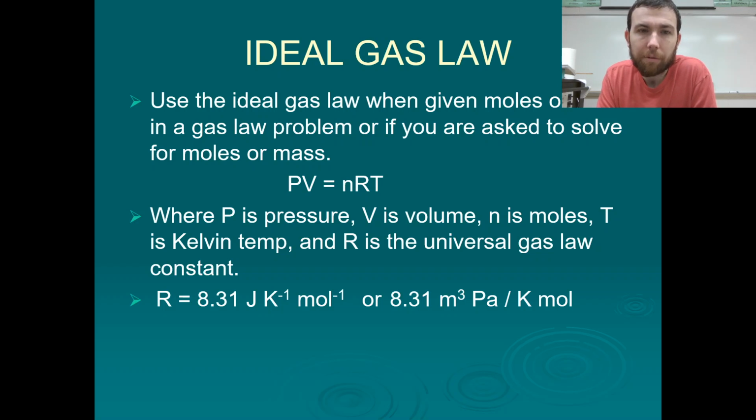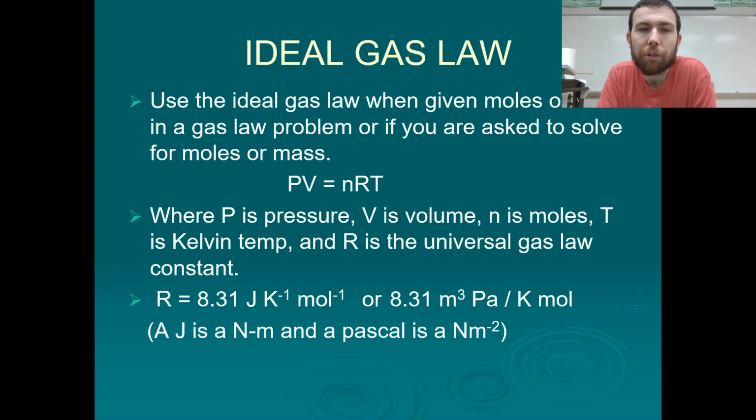There's also the one where the pressure units are in atmospheres, that's the 0.08206. And you also have the one in torr and millimeters of mercury, which is 62.4. But again, the pressure unit determines which R value you're going to use.